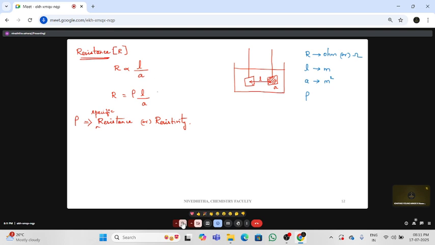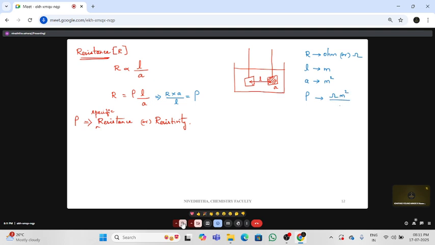So, to find the unit of resistivity, I'm going to rearrange this formula. I'm going to find the value of rho, which is equal to R into A divided by L. So, what is the unit of R? Which is ohm, right? And what is the unit of A, which is meter square?